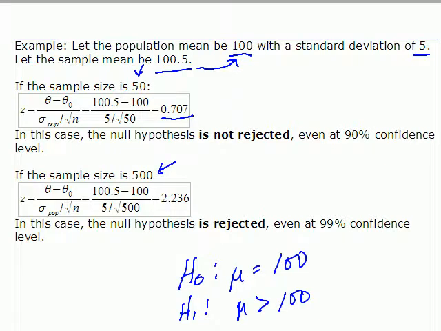This changes the z-value because I'm multiplying by the square root of n. See how it appears in this equation? So here's my n right here, n of 500. I do the same calculation, all the other numbers stay the same, and I end up with 2.236. Okay, let's go look at the p-values in R associated with those two numbers.